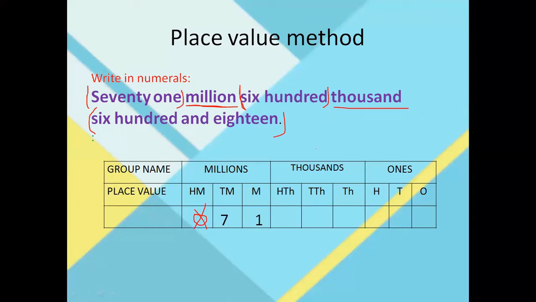So I should write 600 in the thousands group. There is 600 here, so 100,000. So we should fill in the 100,000 place. And the last group, 618. So 6 in the hundreds place and 18 as it is.